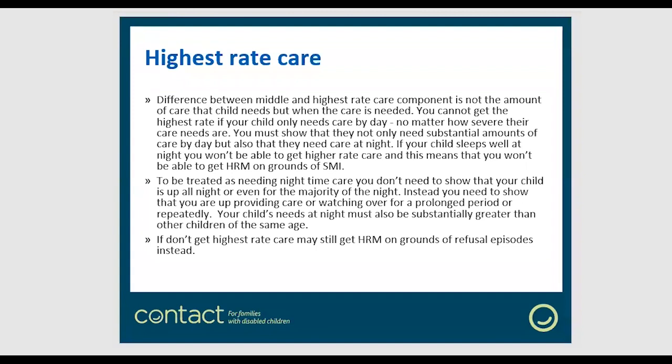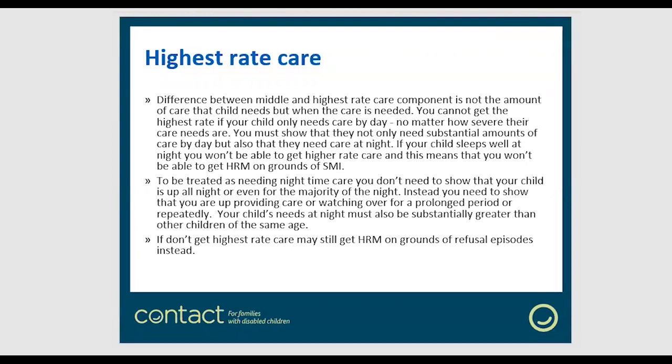One of the issues that sometimes arises around the high rate care and nighttime needs is what the DWP mean by nighttime. Although it can change slightly from family to family, what you need to understand is that nighttime doesn't start when the child goes to sleep. It starts when the household, when the adults would normally go to bed.